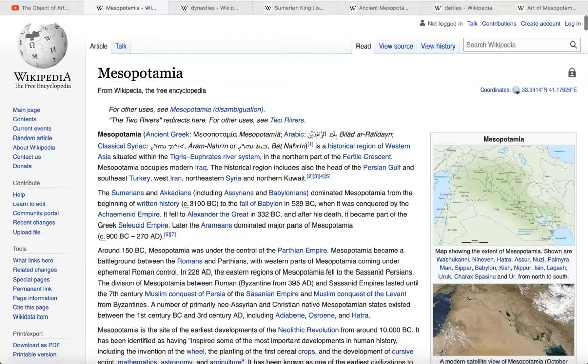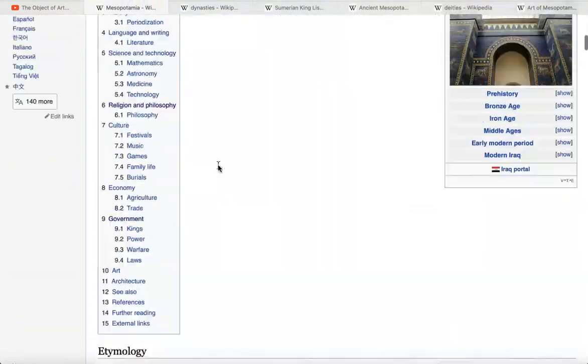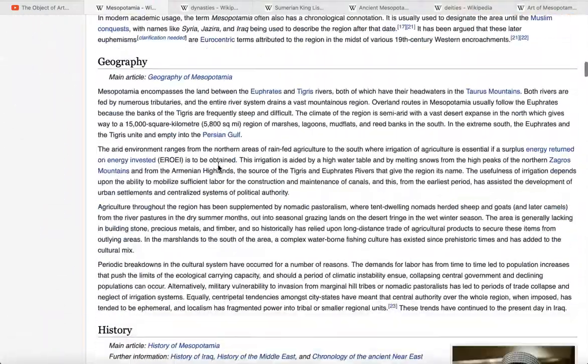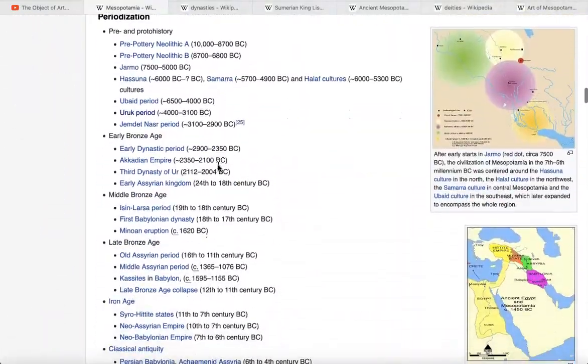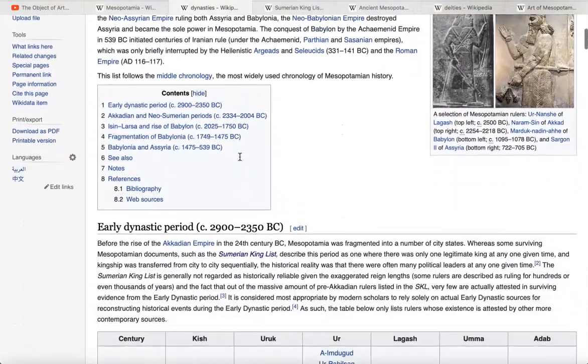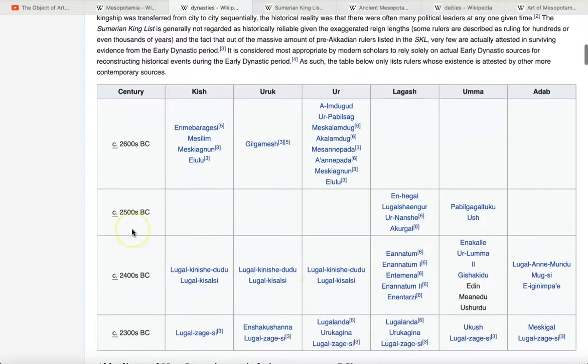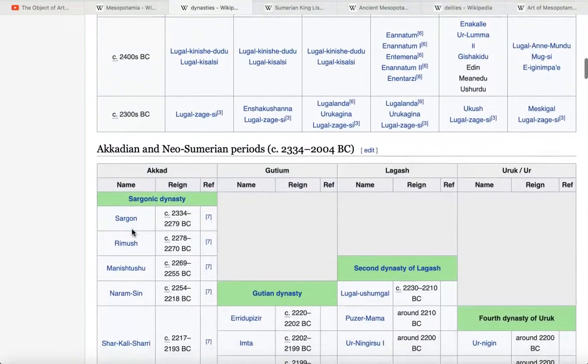So there's that. Next one that I wanted you to look at, or at least know about, is the list of Mesopotamian dynasties. Now we had this here on the Mesopotamia page, where you have, again, this timeline, which is awesome, but these dynasties, this tells you who was in charge, in what area they were in charge, and also time periods, centuries, and what have you.